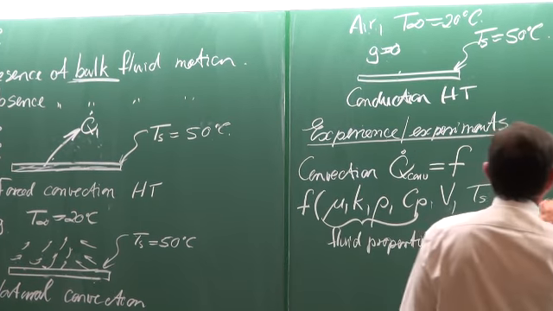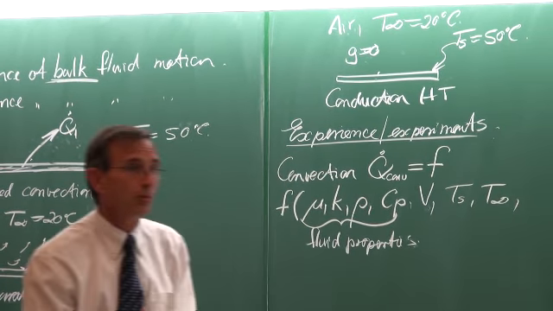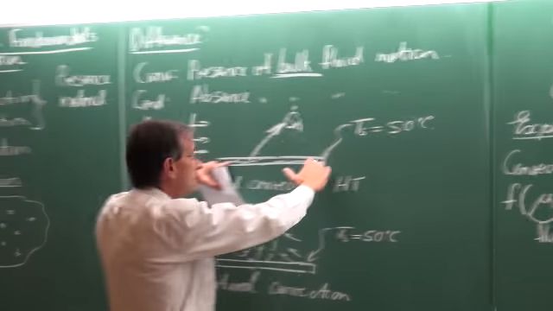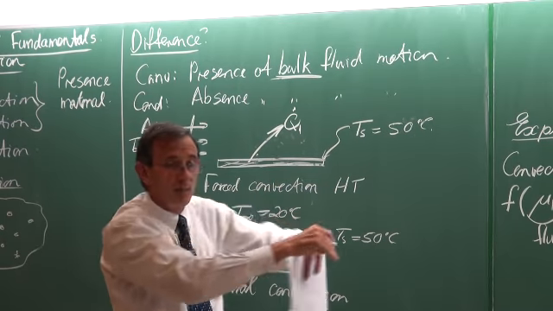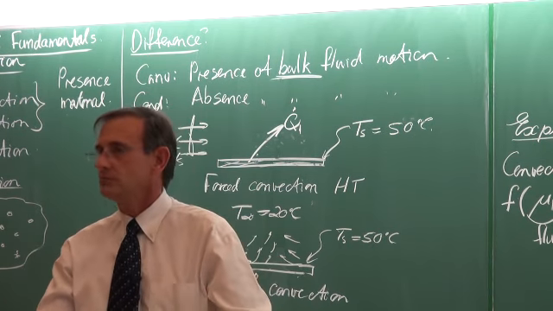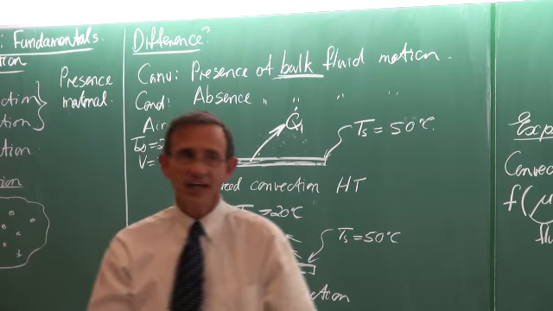But now there are other variables which are also important. If we do this experiment for a flat plate, and then I repeat the experiment for a cylinder or a sphere or an aerofoil, then the results change.